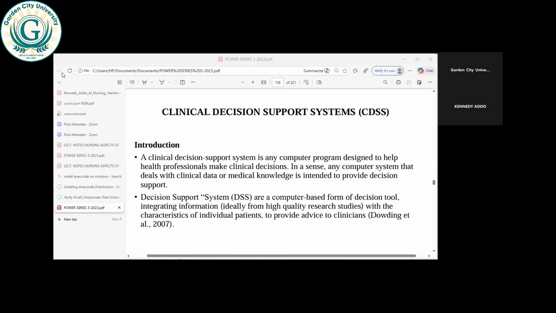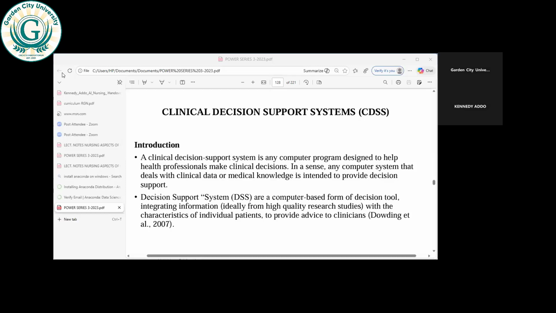But this one is also a very interesting software that is tied to the electronic health records. Its major role is to always put in check the activities of the clinicians through all the services that are rendered. This software is used to ensure that the right things are done at all times.